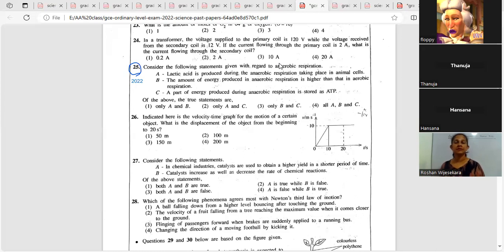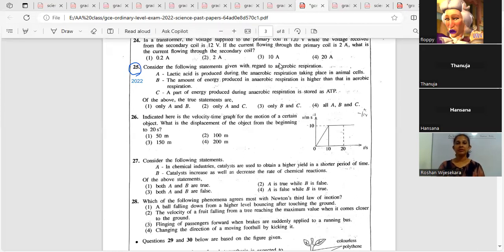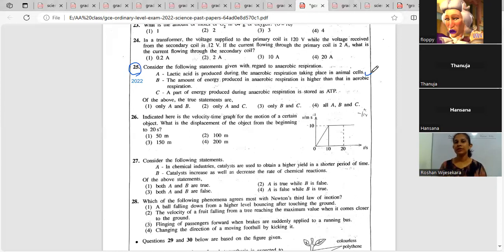Aerobic respiration means respiration occurring in the presence of oxygen. Lactic acid is produced during anaerobic respiration taking place in animals. Yes. In plants and yeast, they produce alcohol during anaerobic respiration. Animals, including humans, produce lactic acid.